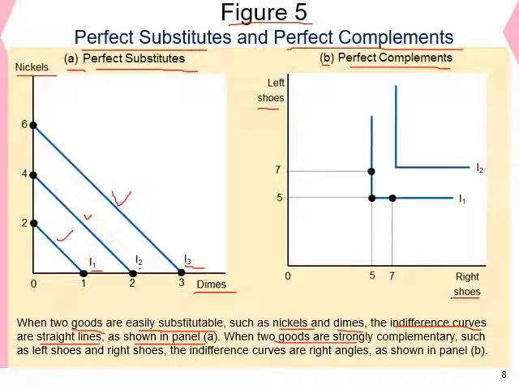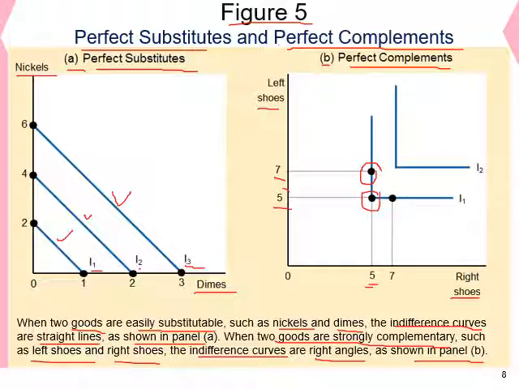When two goods are strongly complementary, such as left shoes and right shoes, the indifference curves are right angles as shown in panel B. For instance, a bundle with 7 left shoes and 5 right shoes, which is this bundle, will make the consumer equally happy as a bundle with 5 left shoes and 5 right shoes, which is this bundle.